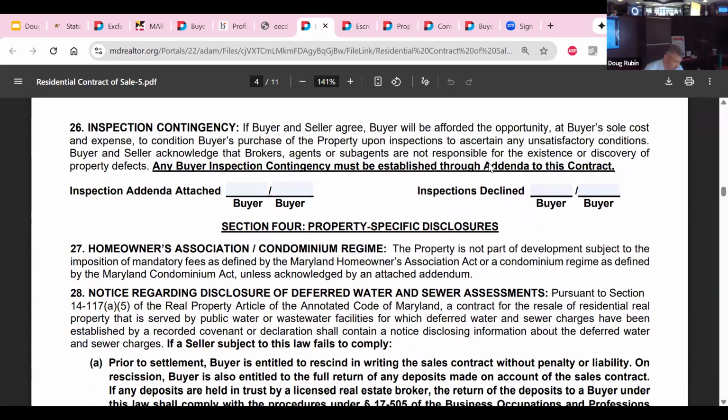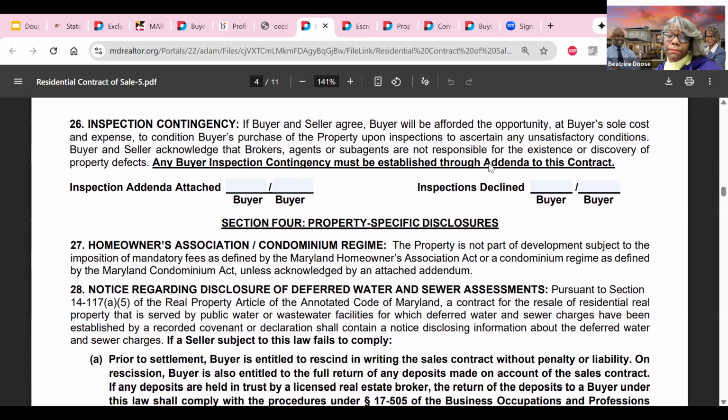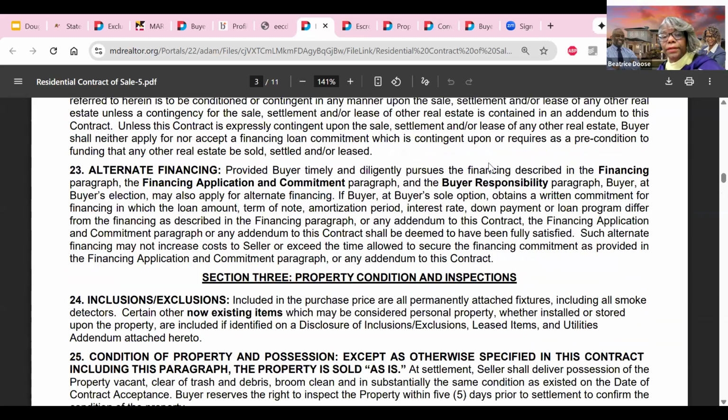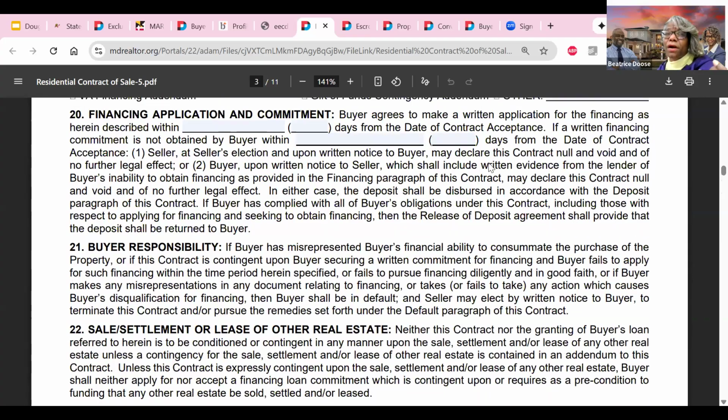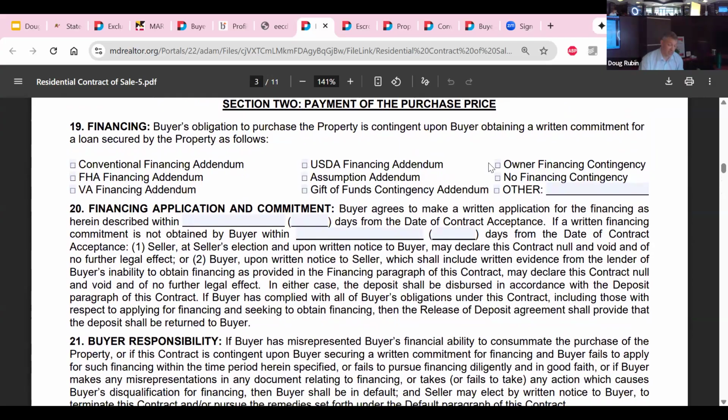All right. If you want an inspection. Sorry, going back to what you just said about the hard money lender, the buyer can't say that's cash, correct? They have to specifically state that it was hard money, because I've seen in the past where hard money was stated as a cash offer. Okay, so they are two different things. Basically, if somebody's saying it's cash, I want them to check this box right here: no financing contingency.